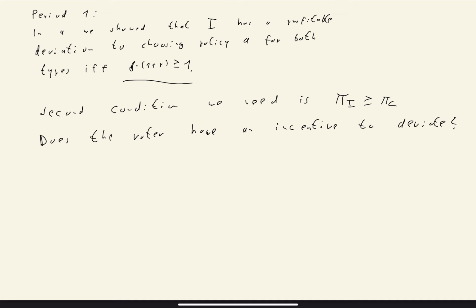Given the behavior of the incumbent, where he's choosing policy A independent of his type, he will re-elect I with certainty.